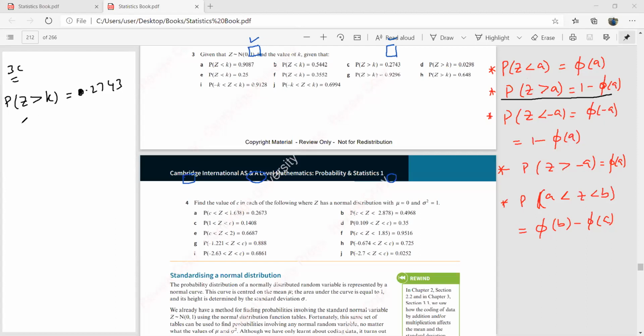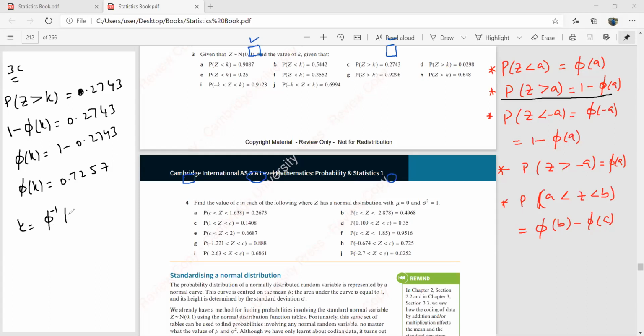So this will now become 1 minus phi of k, that is 0.2743. So phi of k is 1 minus 0.2743, which is 0.7257, and therefore your k is going to be phi inverse of 0.7257.